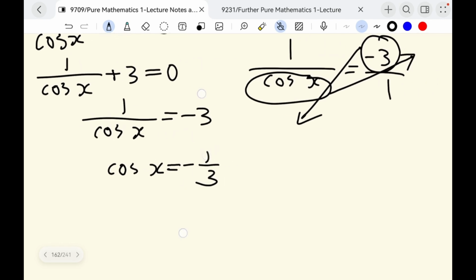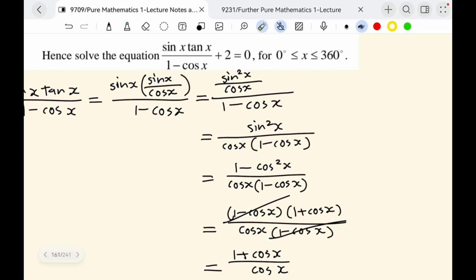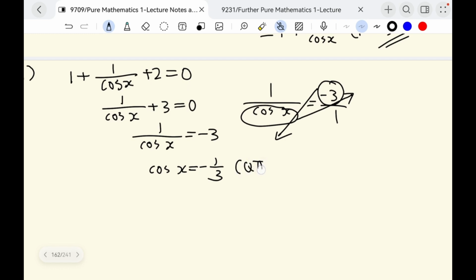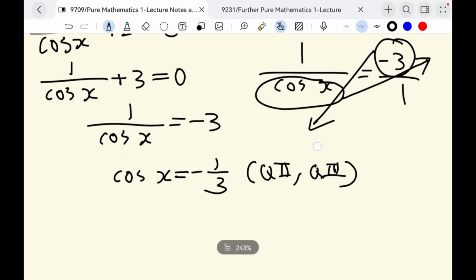Okay, so the interval of x is from 0 to 360 degrees, but cos x is negative, which means only the angles of quadrant 2 and quadrant 3 are present. So take the arc cos. What do you get by pressing your calculators? Make sure your angle units are in degrees, since the interval given is in degrees.